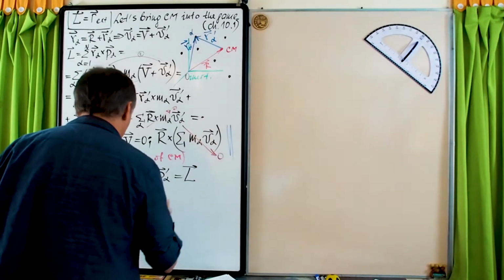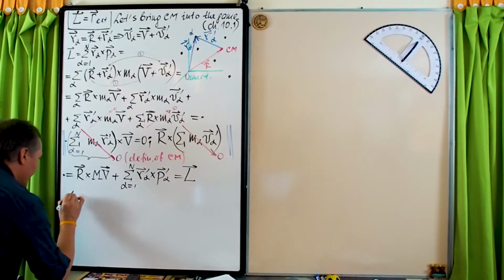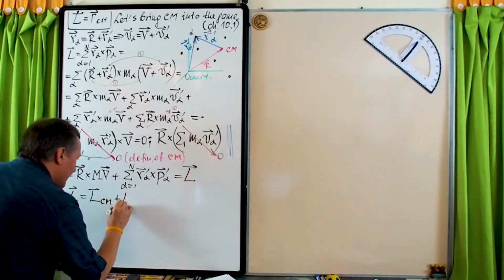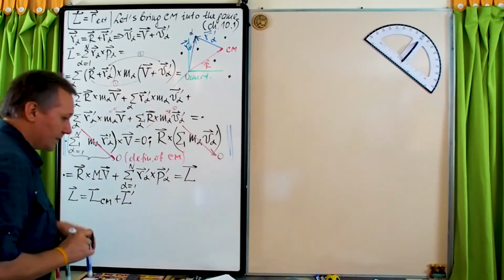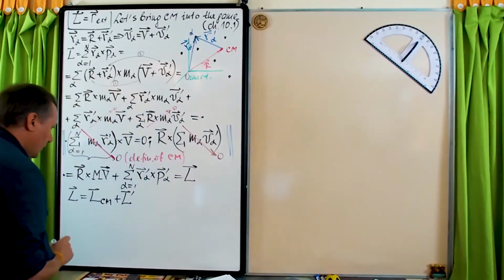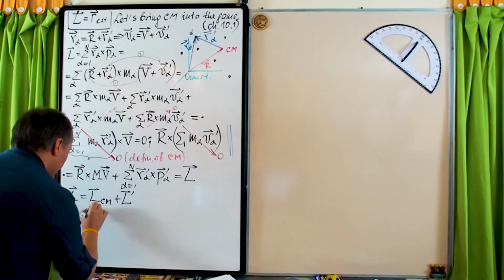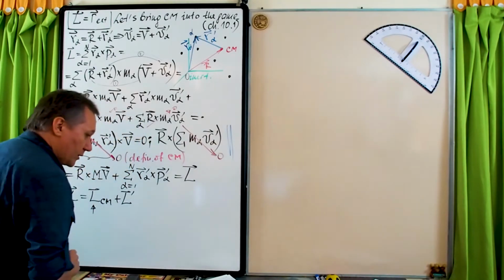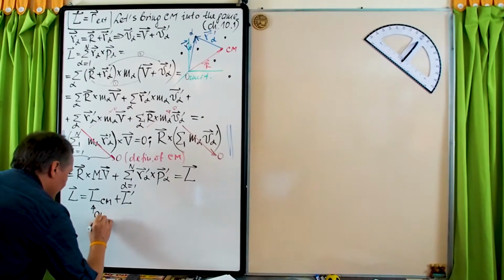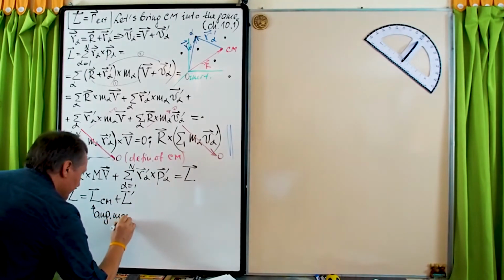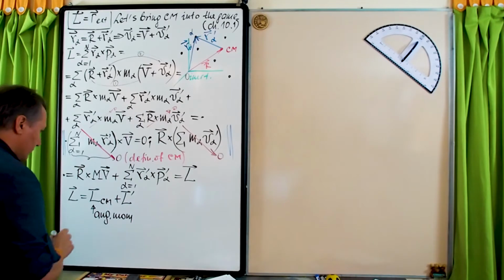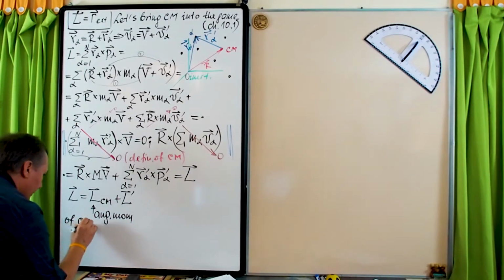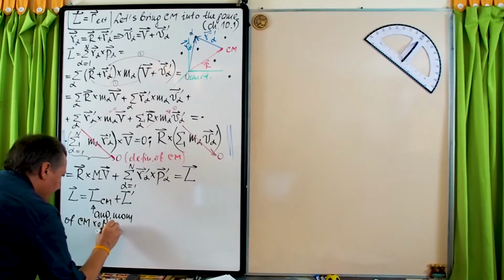Okay, let me write. So as a result, L can be written as L sub CM plus L prime. Let me just write this way. Angular momentum due to the center of mass motion, of the center of mass, and of course, relative.